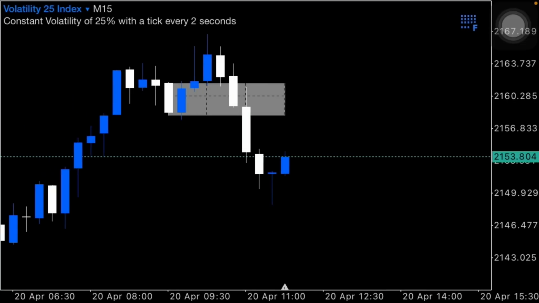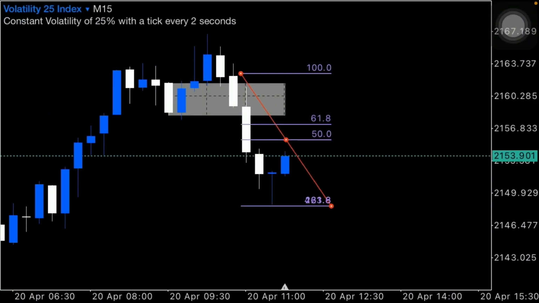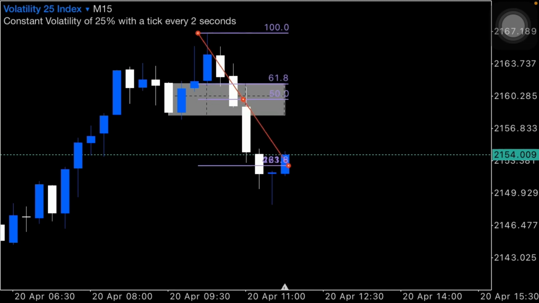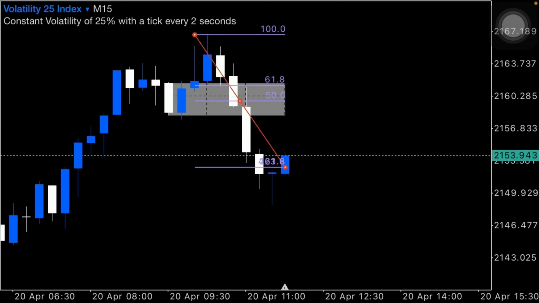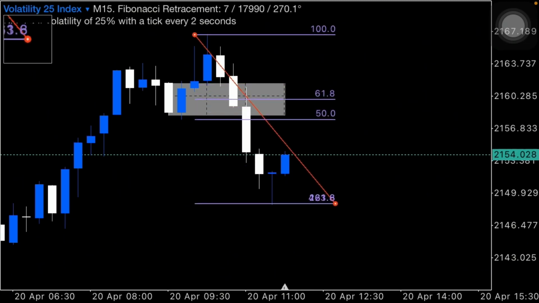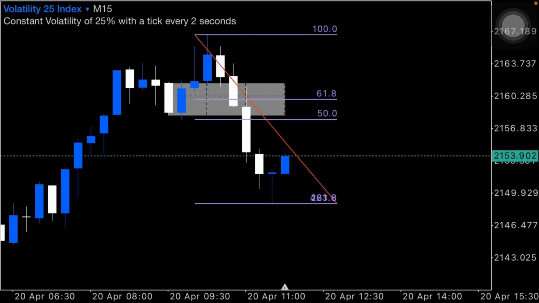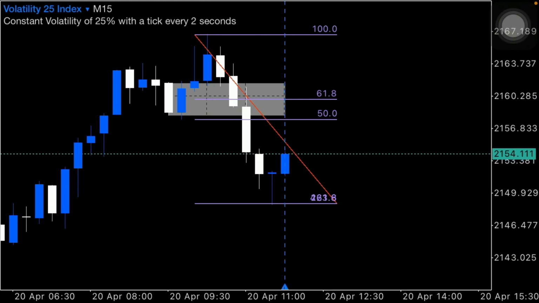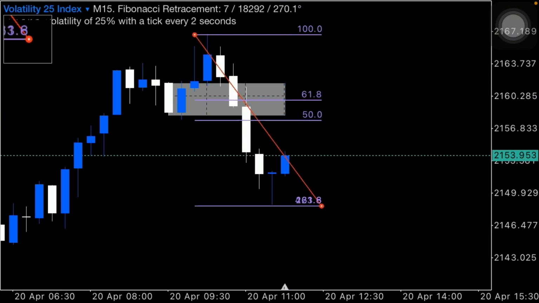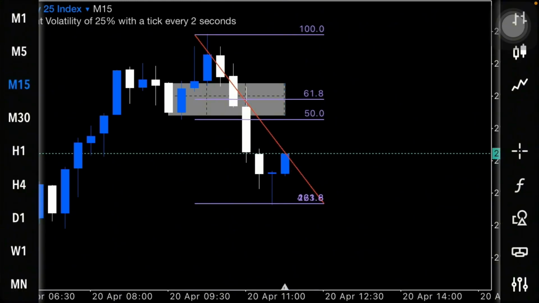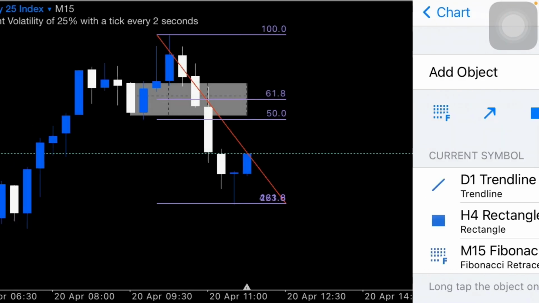Alright, so I pull out my Fibonacci retracement tool. Then I start from my swing high and end at swing low. You know why? The reason why I'm doing this is I was expecting to, sorry, let me bring my pointer here.